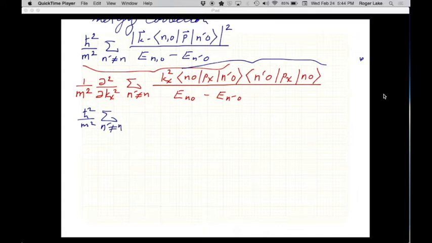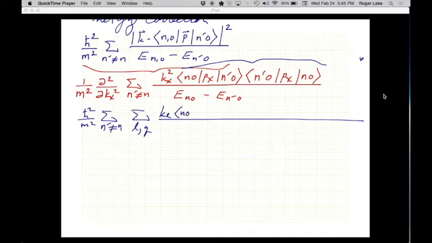And now my dot product: sum over indices L and Q, so I would have k_L <n0|p_L|n' 0> k_Q <n' 0|p_Q|n0> all over the energy difference.